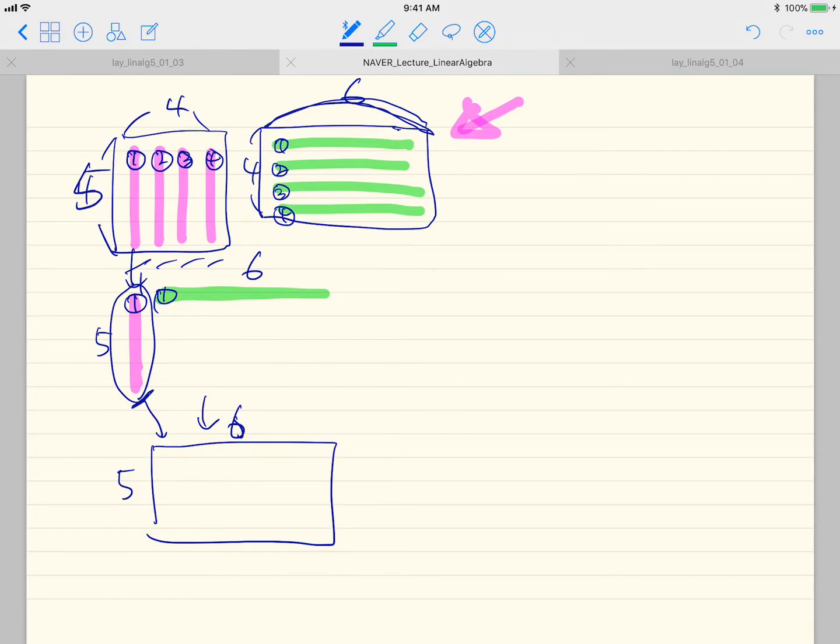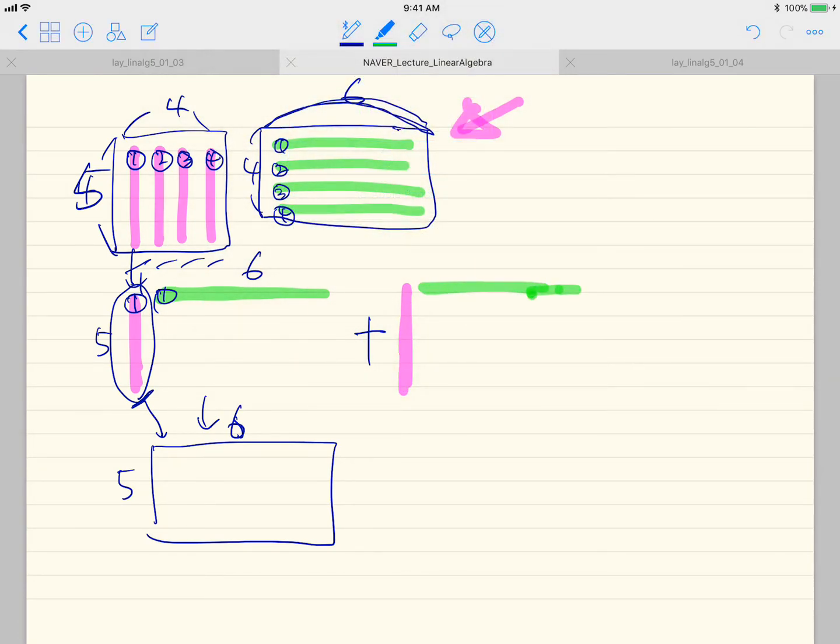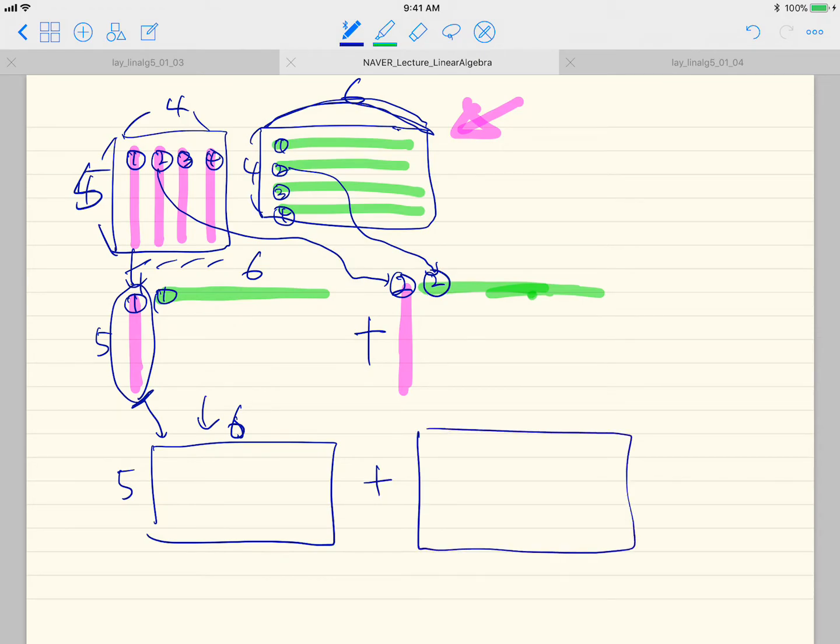Okay, and then these are added together with the second vector here and this second vector, the second one coming from here and coming from here, and that will also form this big matrix, right, of 5 by 6.